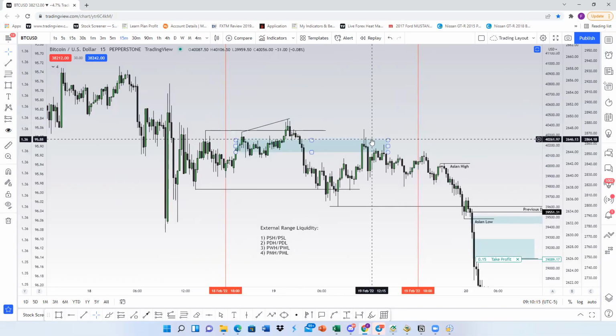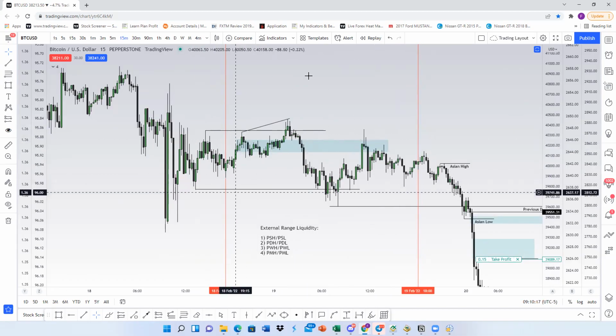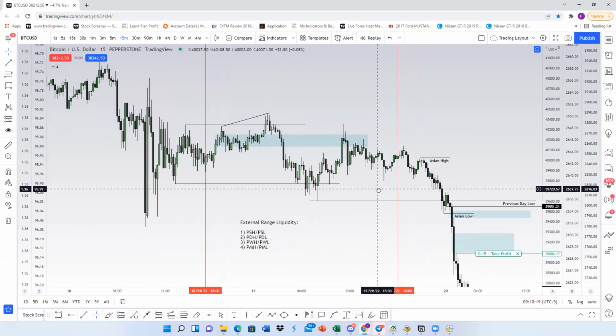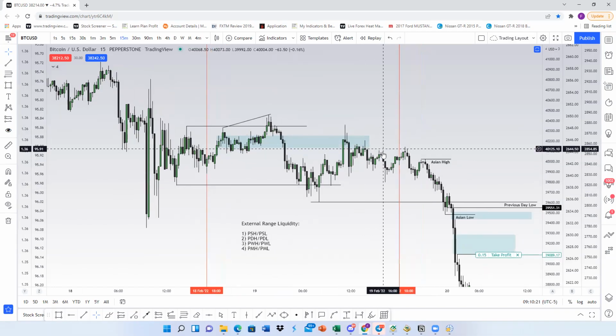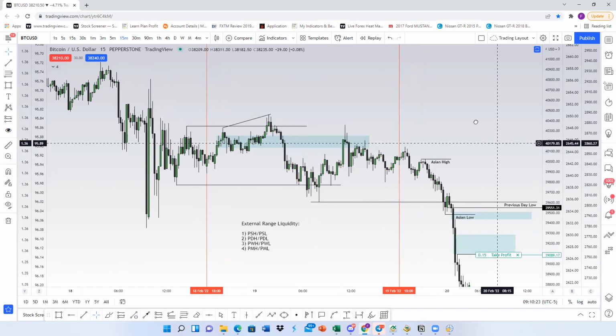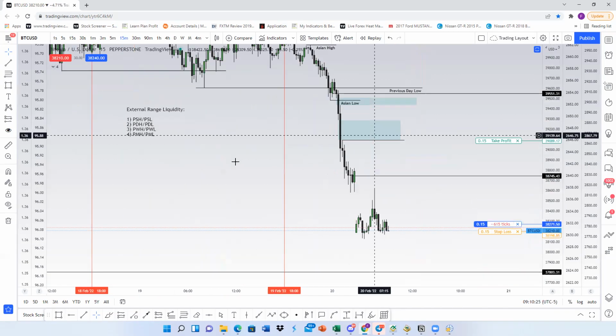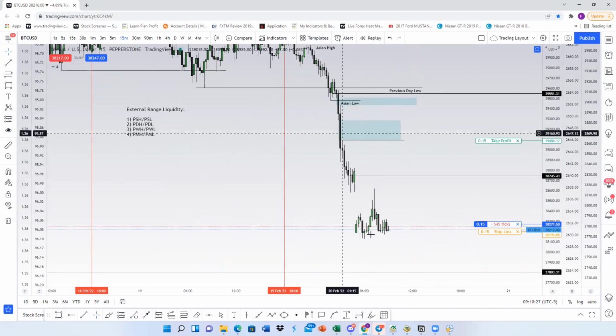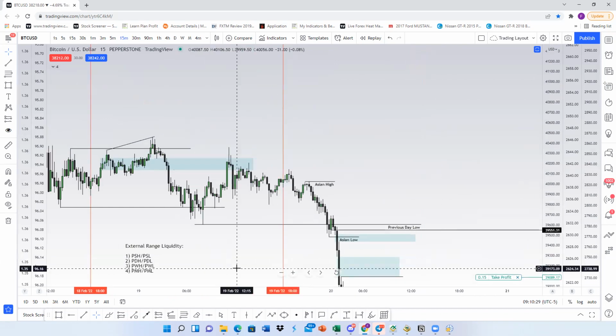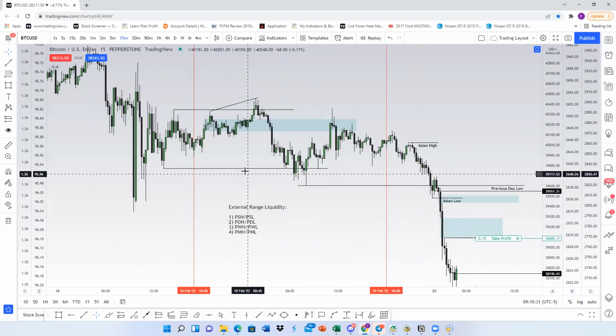So that was a perfect sell. The moment I saw that, I realized I had made a mistake, and I immediately sold it over here, and nicely down we went. That's pretty much all I have to say about the external range part.